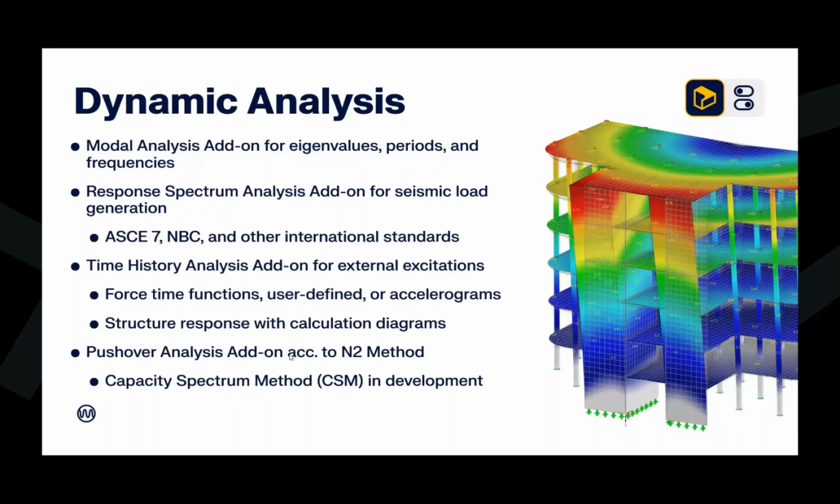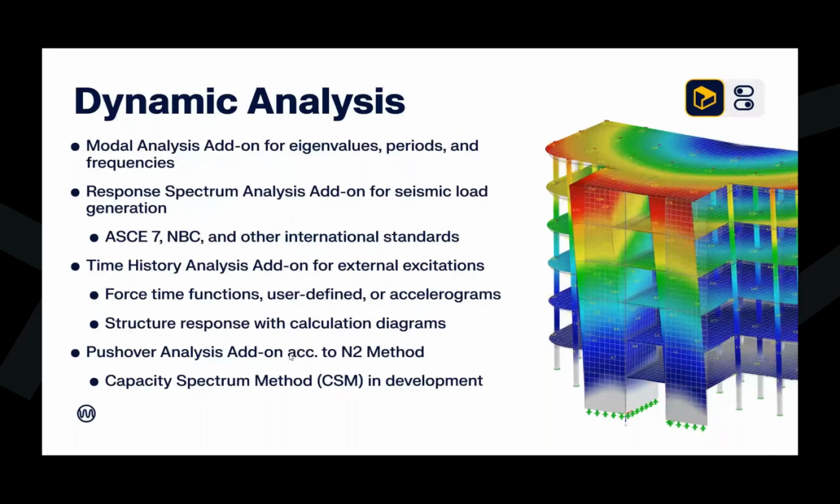We have our third dynamic add-on, the time history analysis, and this is for external excitation. We have the ability here to define this force time function, or it can be user defined, or we can choose from an accelerogram library if we would like to replicate this seismic load on our structure. And once we've carried out this time history analysis, we can view the structure response with what we call these calculation diagrams.